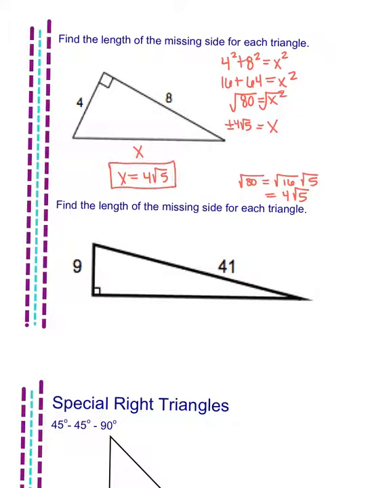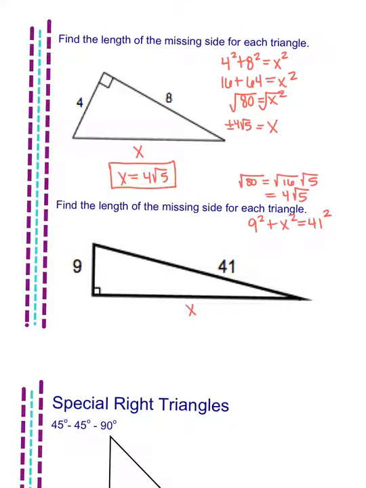Now in the next one, I am looking for a side length, and it is not the hypotenuse, it's one of the sides. So I'm still going to call it x, but when I set this up, it's going to be 9 squared plus x squared equals 41 squared.